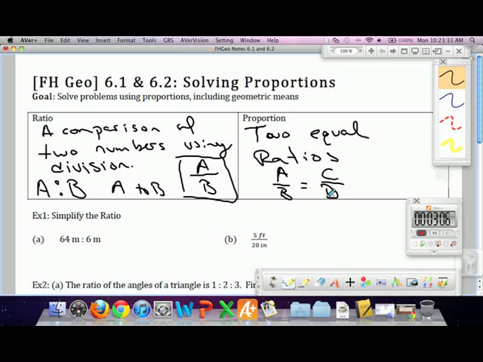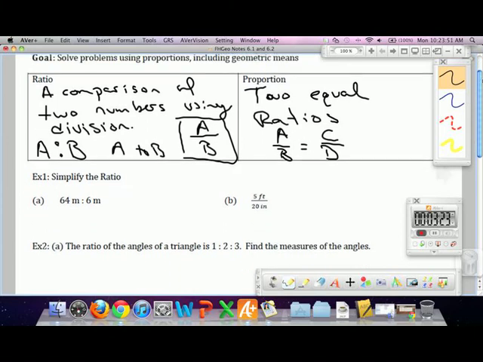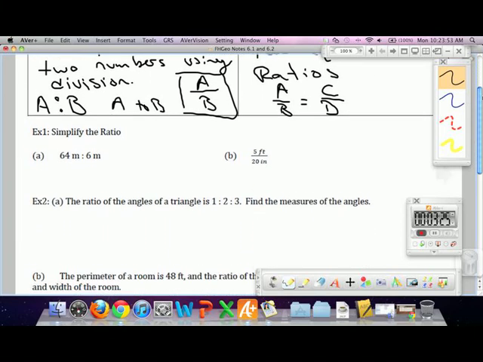A proportion is an equation involving equal ratios, and a ratio is just one comparison, one of those sides. I'm going to try to move kind of quickly through this, since this is stuff hopefully you did in 7th grade, let alone now in geometry.